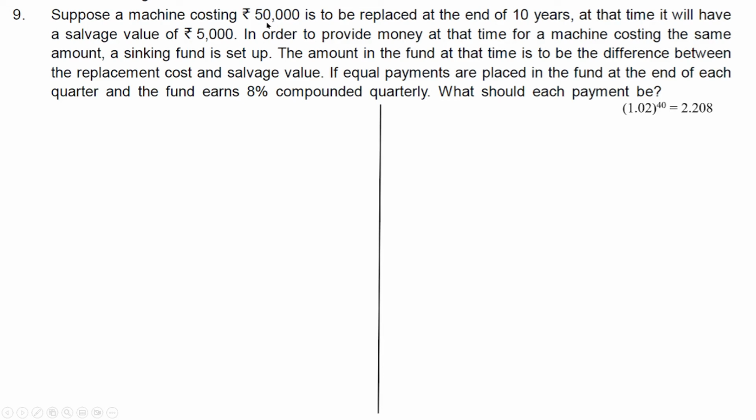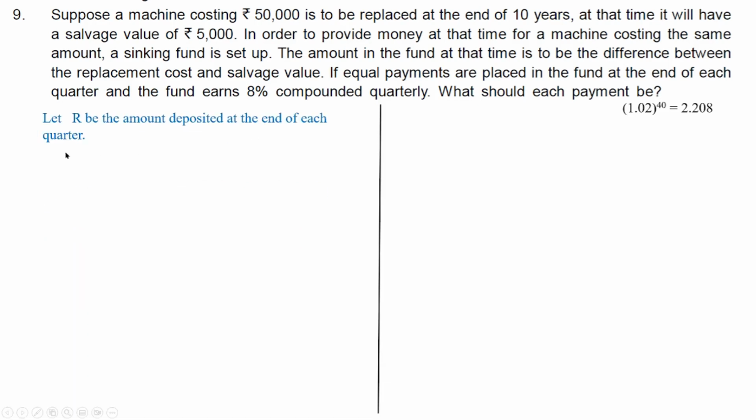Replacement cost is the same because the company has to obtain a machine costing the same amount. So the amount in the fund should be this amount minus 5,000. Now we have to find the size of each payment, if equal payments are placed at the end of each quarter and the fund earns 8% compounded quarterly.